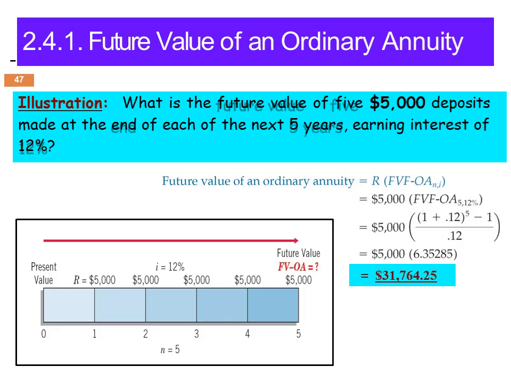Our factor value is 6.35285, and our future value becomes 31,764.25. Then we can get it also by using a table.